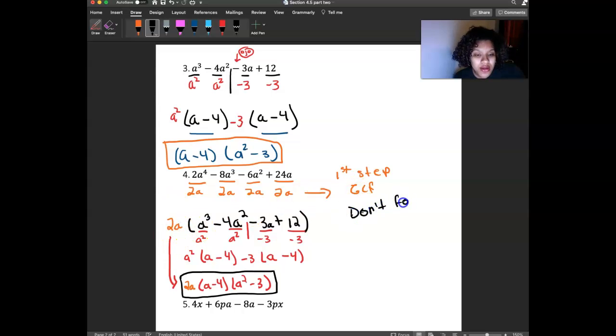Don't forget the GCF in your answer. Because if you forget the GCF, if you were to multiply this, you will not get back to the original answer. And if you don't have the GCF, that will be wrong. All right?